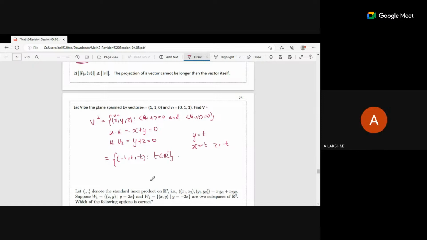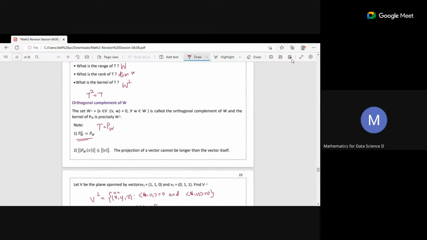Ma'am, can you explain it again? From the beginning? What is the definition of the orthogonal complement? The set of all v in V such that the inner product with all the vectors in this subspace W is 0.